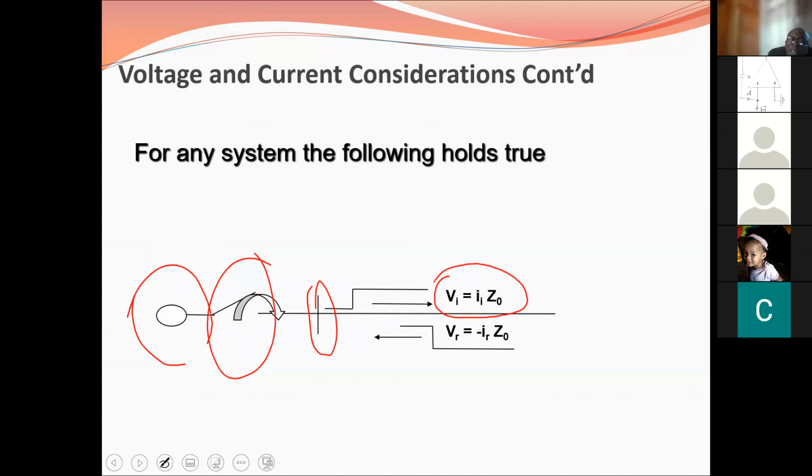And I'm going to have a reflected wave, which is equal to IR Z0. The negative there really speaks to the direction of travel.